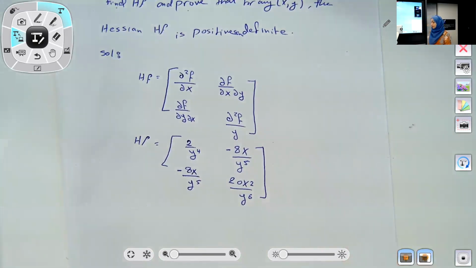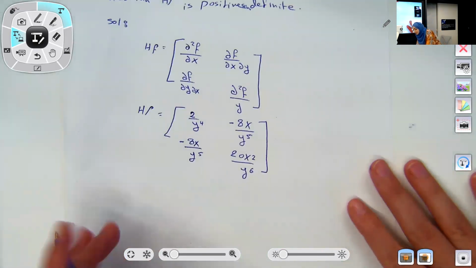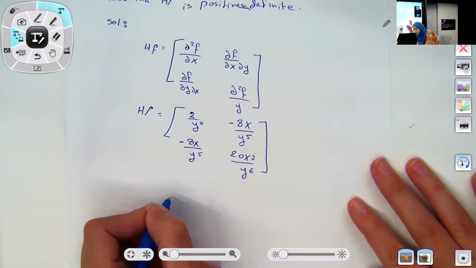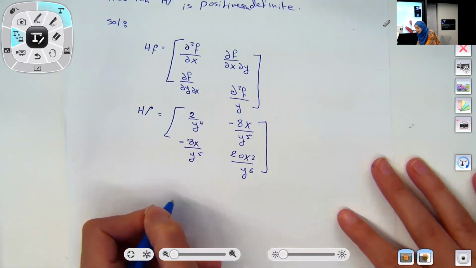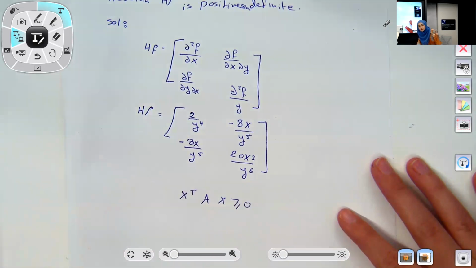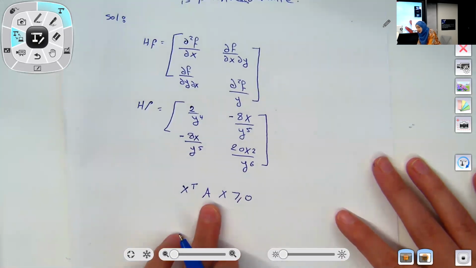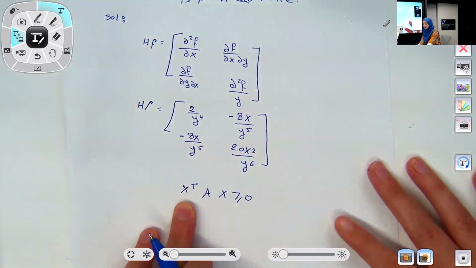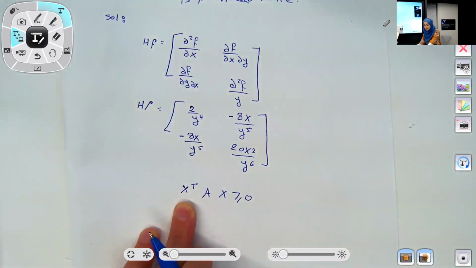Now we need to prove that this matrix is positive semi-definite. So we need to use the definition for positive semi-definite. If you have a non-zero vector X, we can prove that it's positive semi-definite if we can prove that X transpose times the matrix A times X is greater than or equal to 0. Instead of matrix A, here we have the Hessian matrix, and we suppose that X is not equal to 0.